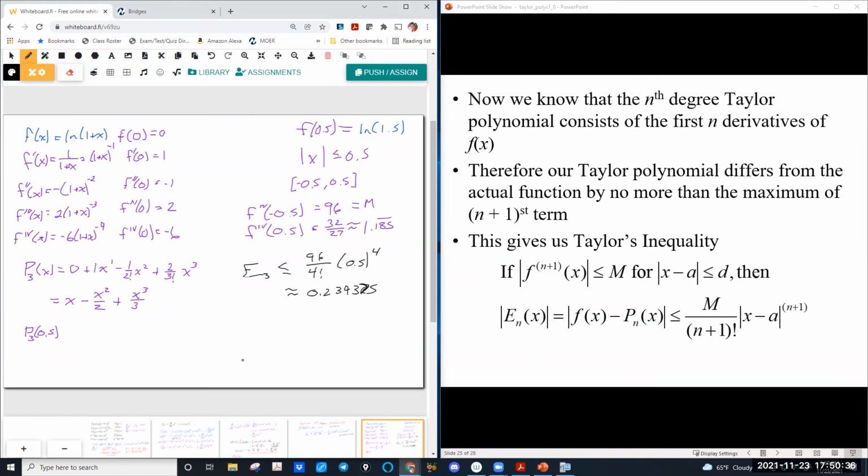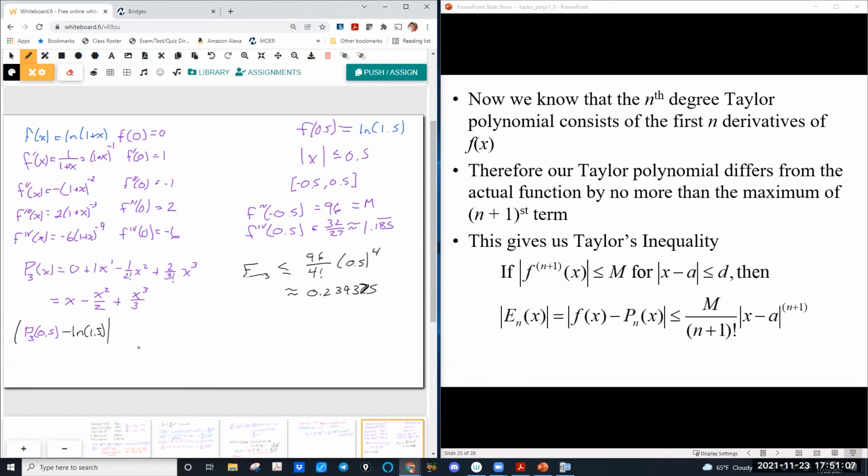So now what we want to do is we want to make sure our error estimate works, because we can find the exact value. So we're going to take the value from our third degree Taylor polynomial, and we're going to subtract off the actual value, ln of 1.5. Because we're looking at errors, we just take the absolute value of this. Now, the way this is computed, you're just putting 0.5 into x here. You can use a calculator or Wolfram or something to calculate that.